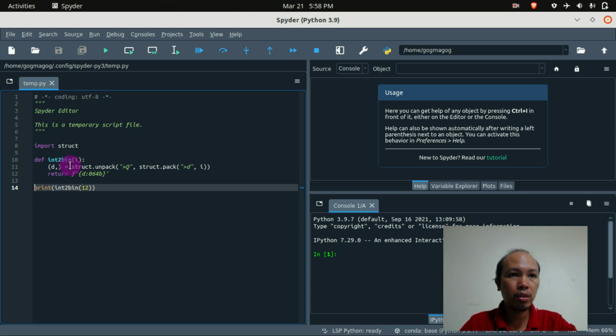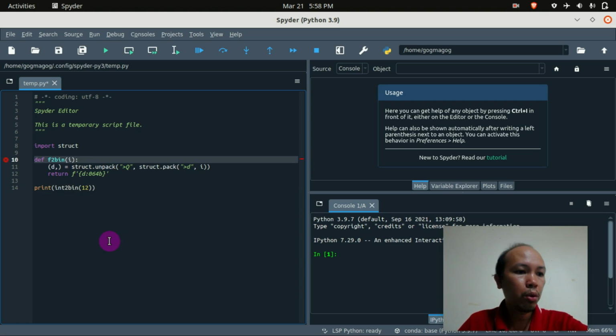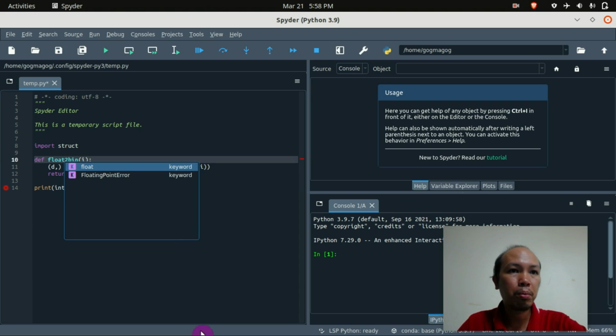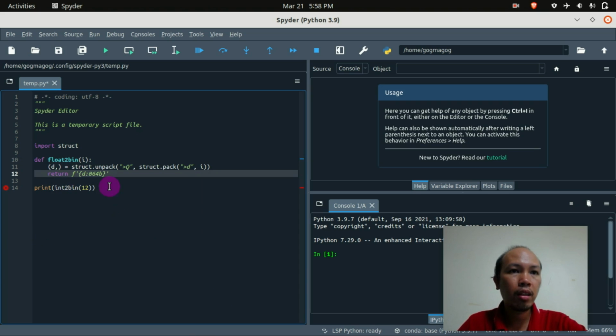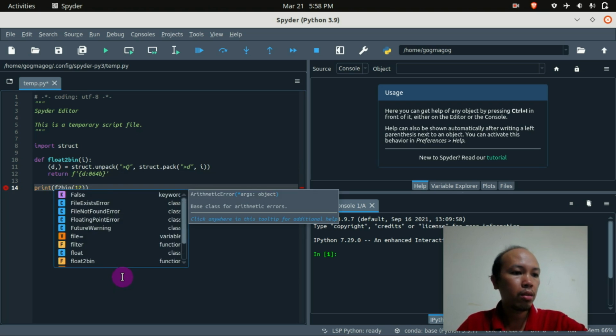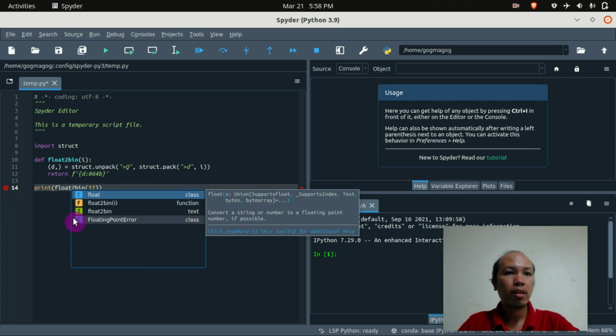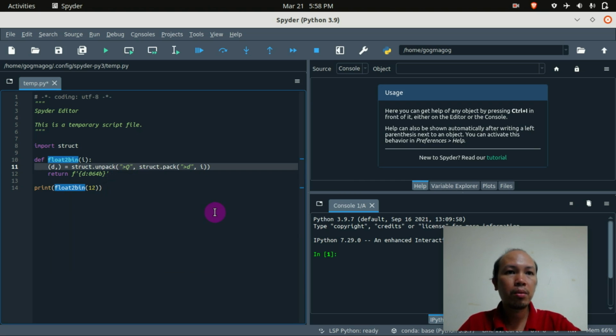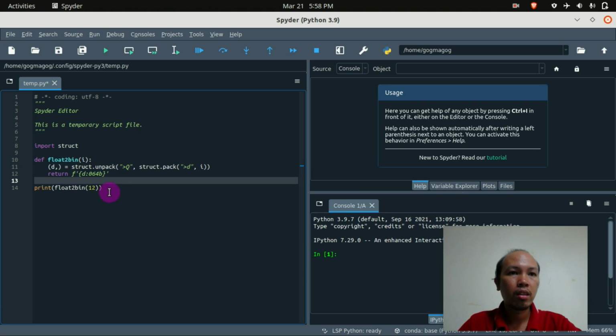Let's replace this function as float to bin, and replace the float, since we are getting the real number.